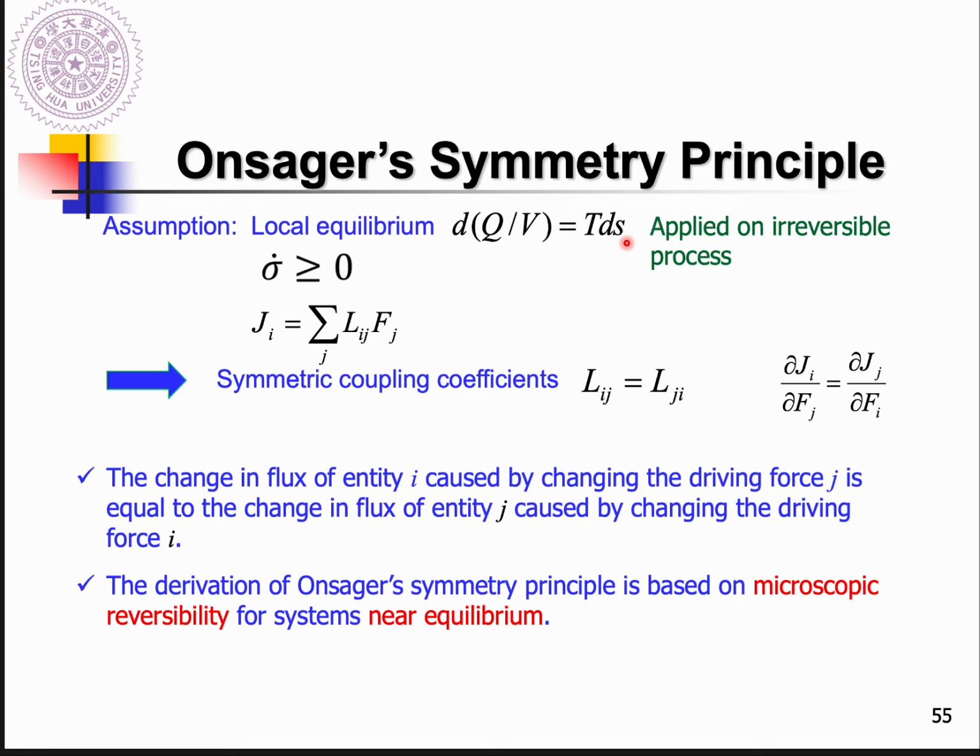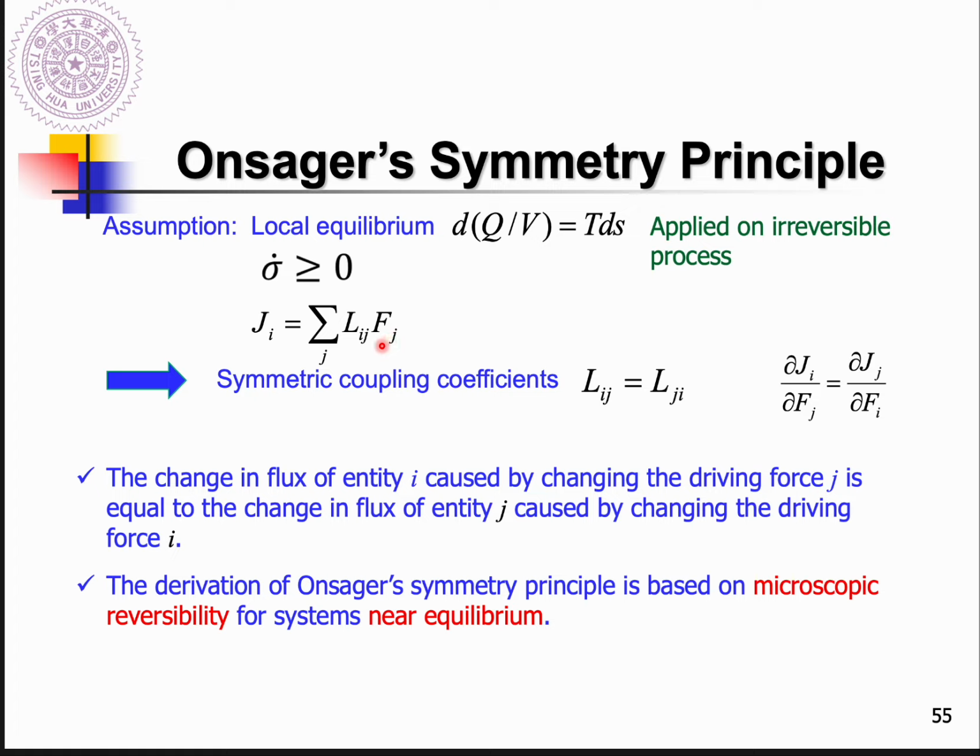Then this will be applied to irreversible processes. If reversible, dS equals 0, right? So under this irreversible process with the local equilibrium assumption, which we also always use to describe flow processes in kinetics, we know the entropy production rate is larger than or equal to 0, and we also get the flux-force relationship.